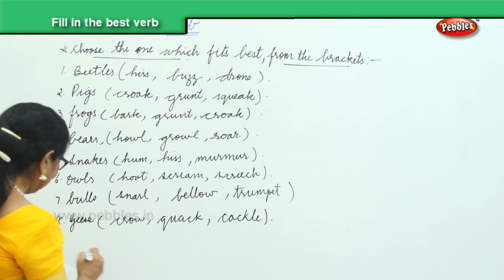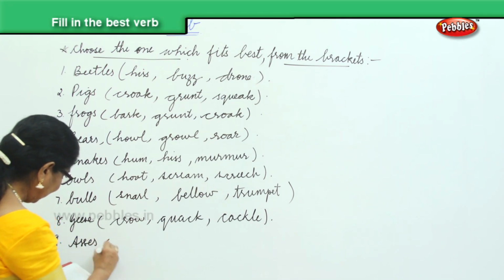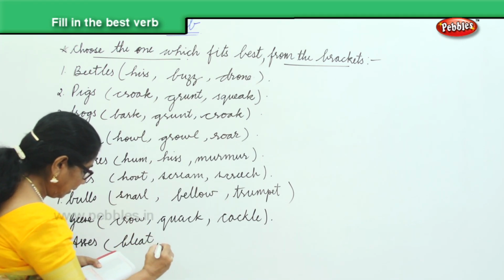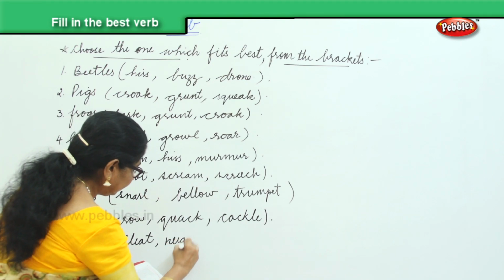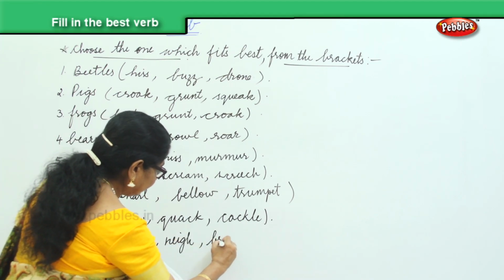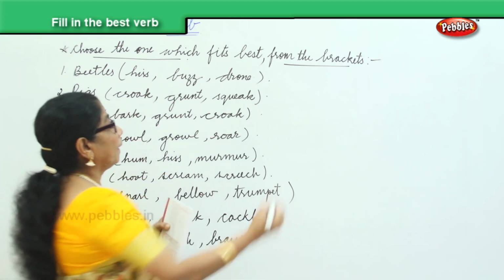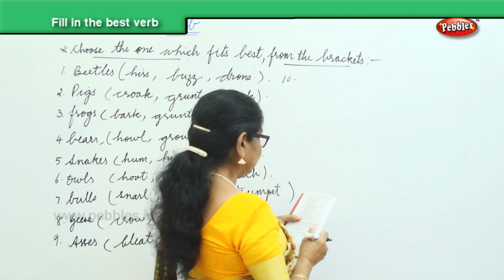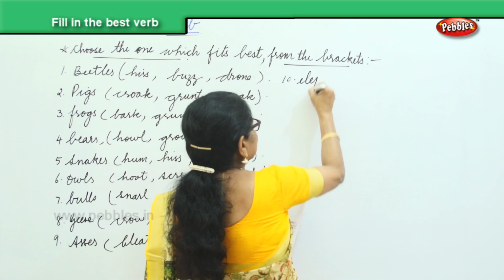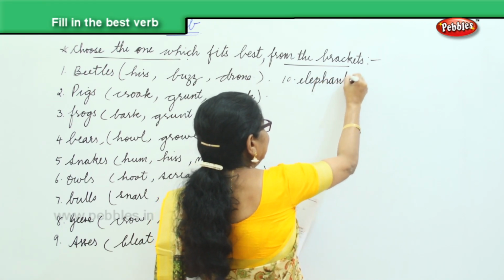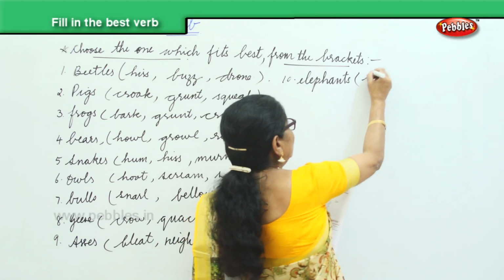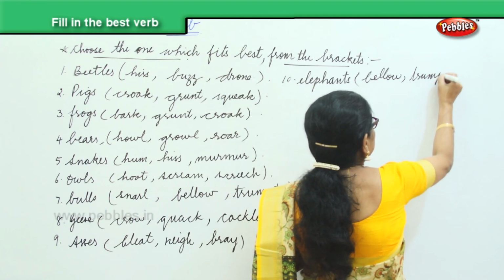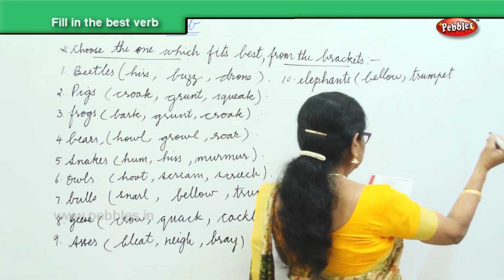Then we have asses. Asses bleat, neigh, and bray. Then we have here elephants. Elephants bellow, trumpet, and roar.